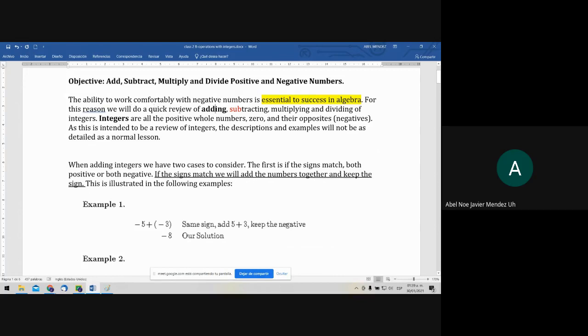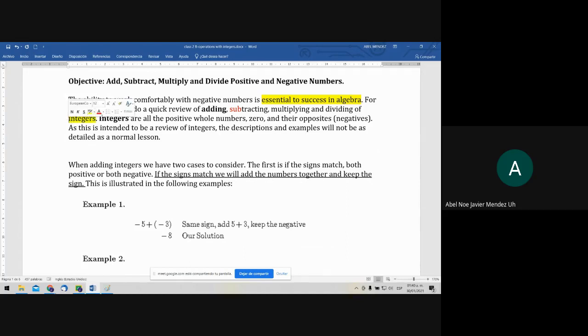You can repeat after me. The ability to work comfortably with negative numbers is essential to success in algebra, okay? For this reason, we will do a quick review of adding, subtracting, multiplying, and dividing of integers, okay?